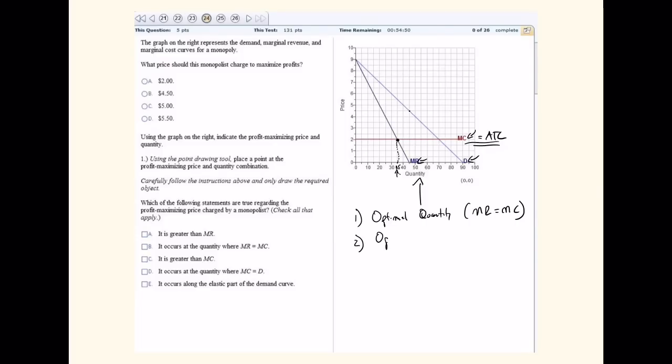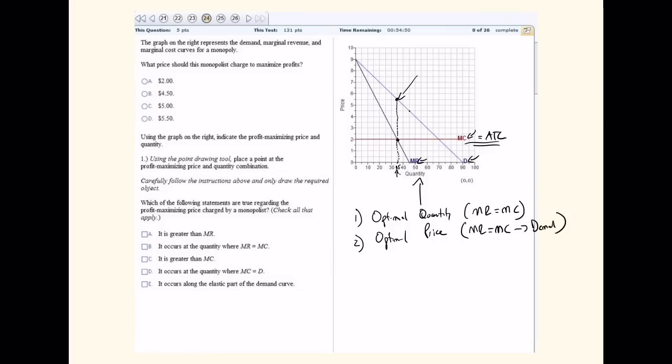When we try to find the optimal price to charge, it's at the same quantity where marginal revenue equals marginal cost, but we move up along our demand curve to find the price. So we move vertically up to our demand curve.